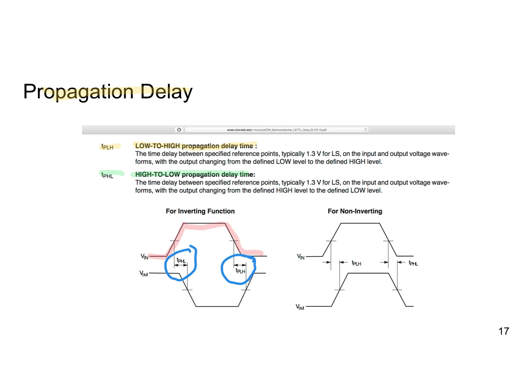Those are those two points directly. Then for the non-inverting gate over here, the input goes like this, then the output, TP from low to high, and then from high to low.